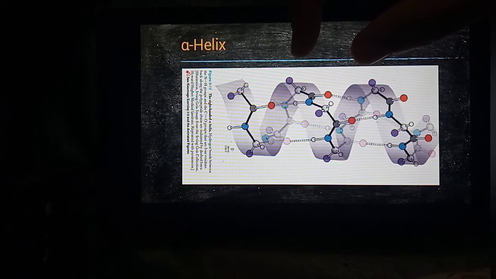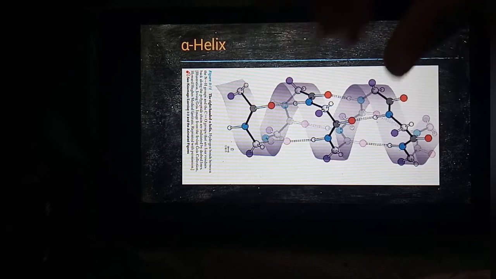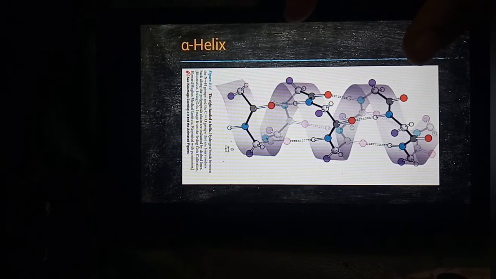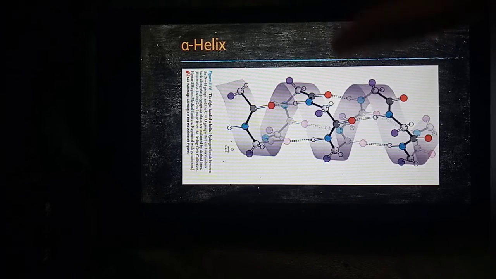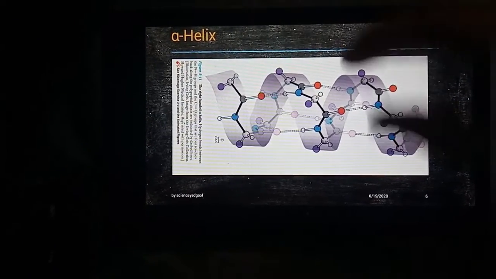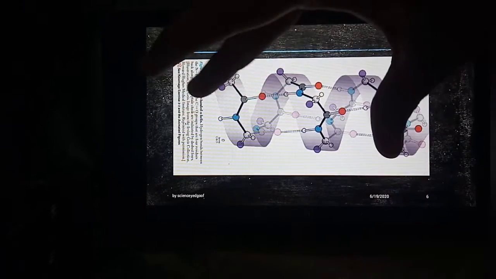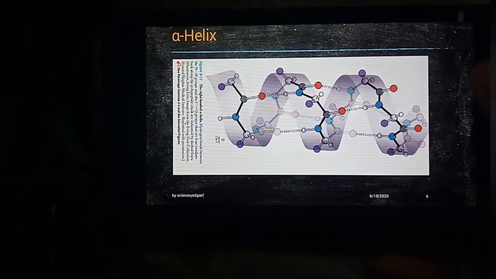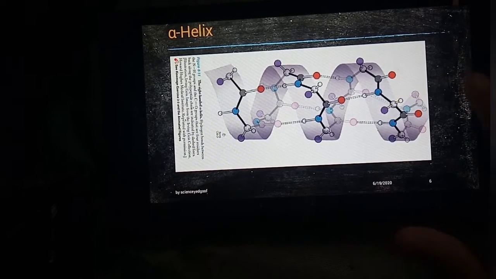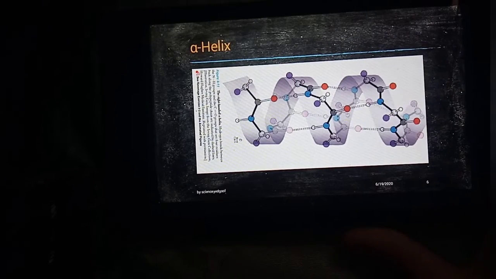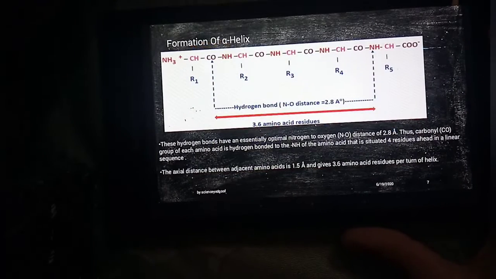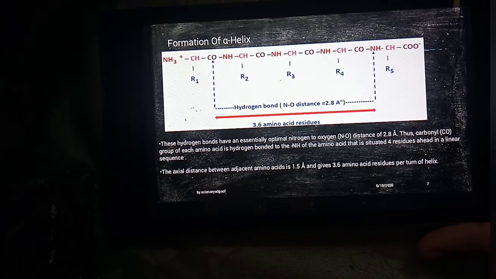And the alpha helix is tightly packed, that is, the atoms are held by van der Waals contact forces. Here is the formation of the alpha helix.